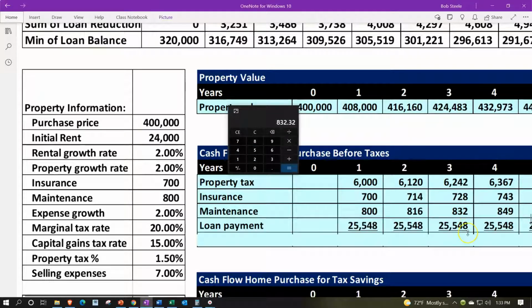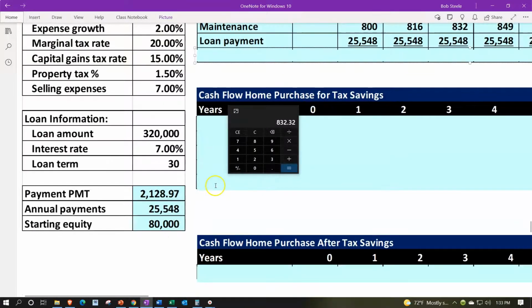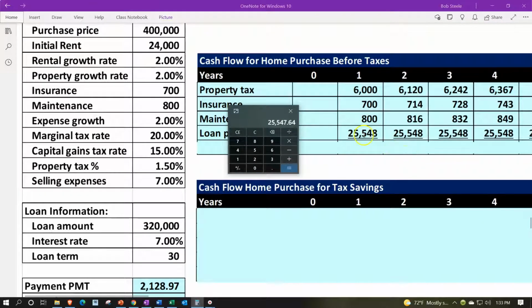And then we've got the loan payments. The loan payments are straightforward because we locked in the interest rate and we have a 30-year fixed. So even though the breakout between interest and principal will change, the payment remains at the 2,128.97 times 12 for the year, 25,548 about. So that's going to be key.